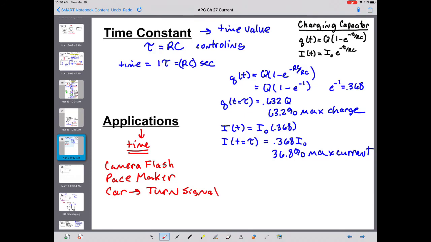Anything that has to occur at a regular period of time, okay, also on your car, intermittent windshield wipers. Those intermittent windshield wipers, you turn the dial. After a certain period of time, they wipe your windshield. You turn the dial differently.